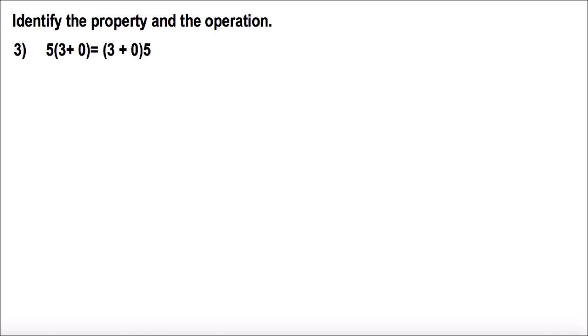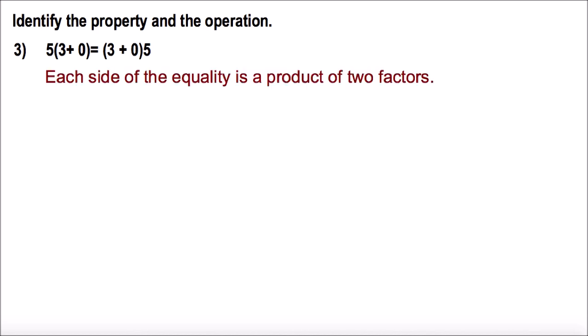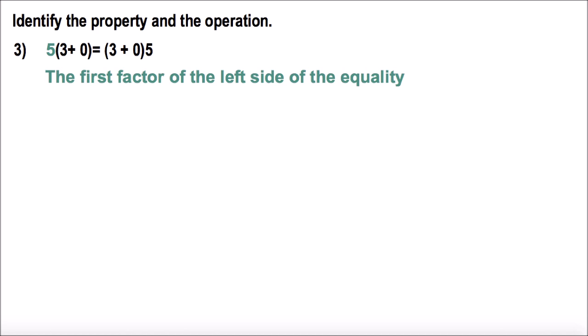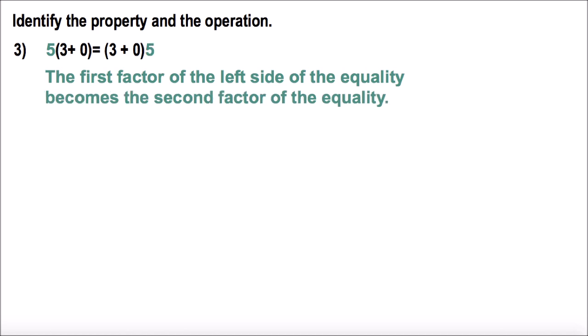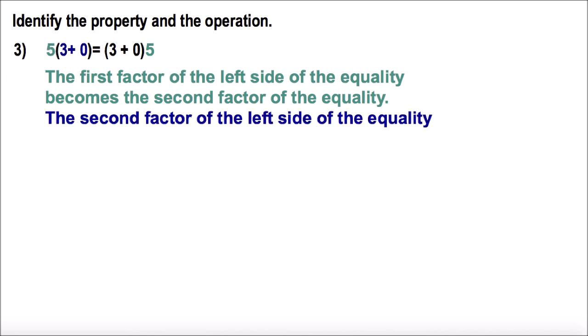Question 3. 5 times the quantity 3 plus 0 equals the quantity 3 plus 0 times 5. Each side of the equality here is a product of 2 factors. The first factor of the left side of the equality, which is 5, becomes the second factor of the equality.